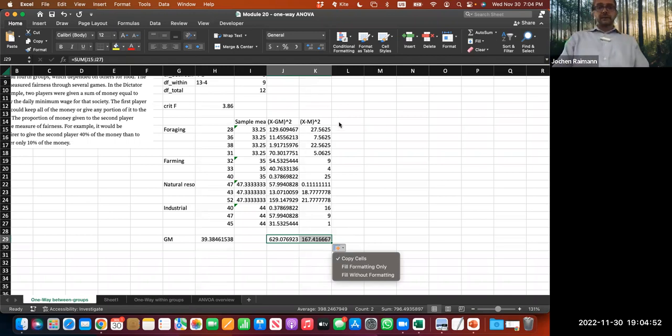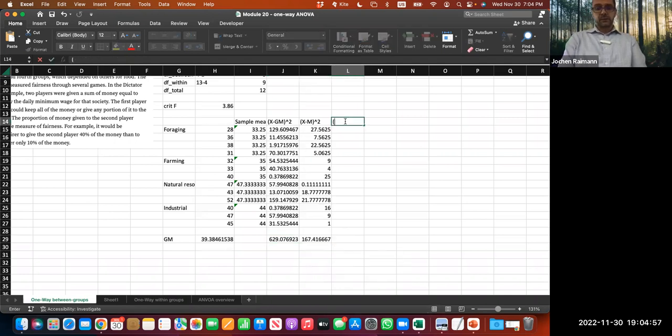And this is then lastly completed by the so-called sum of squares between and the variance between. We're now calculating the sample mean minus the grand mean, squared. What is the peculiarity of calculating that? It's important that you preserve the sample size.